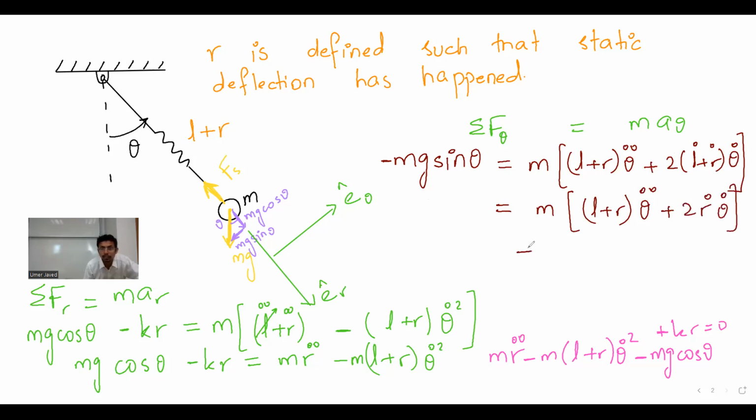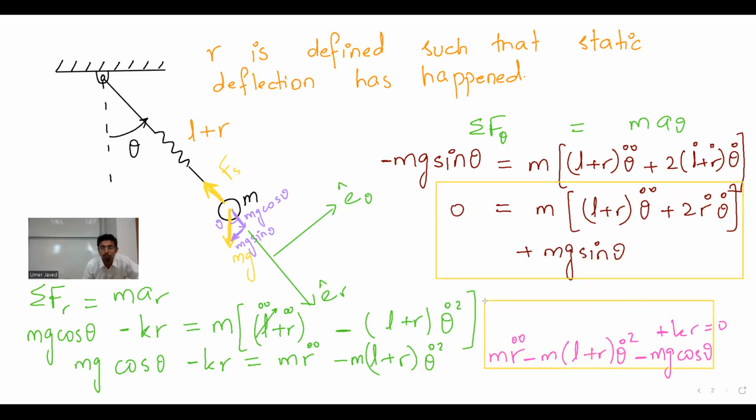You can take this plus mg sine theta equal to 0. Now the last question: again 2 degree of freedom system, I understand, but can anyone tell me which is the equation of motion? Last question.